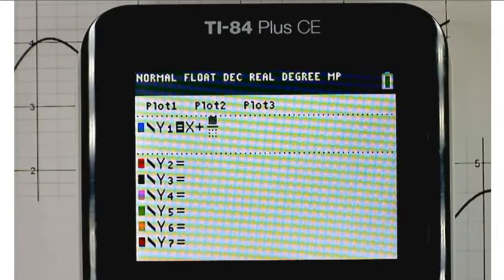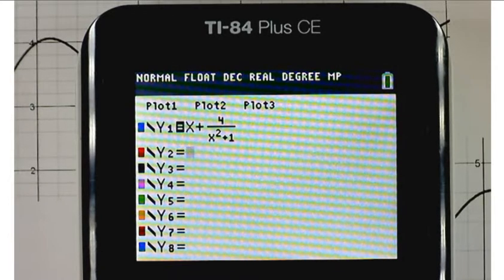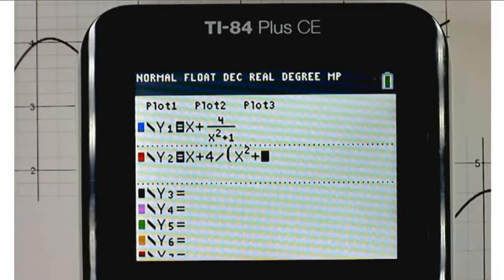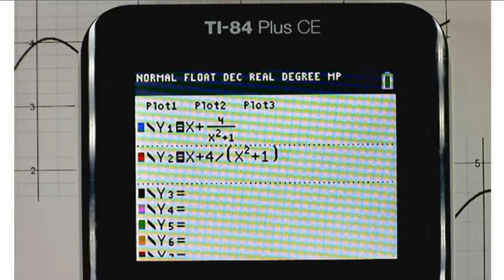That makes it easier than doing 4 divided by parentheses x squared plus 1. I don't have to worry about the parentheses here. And if you don't have that, then the brute force approach is 4 divided by parentheses x squared plus 1. Like that.